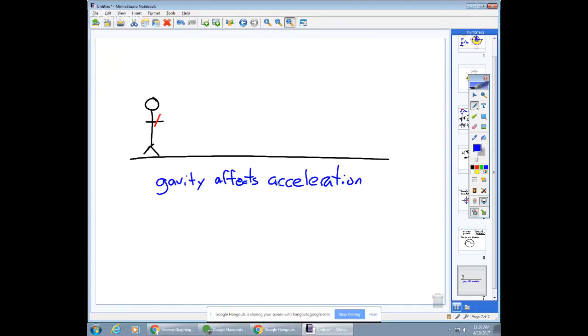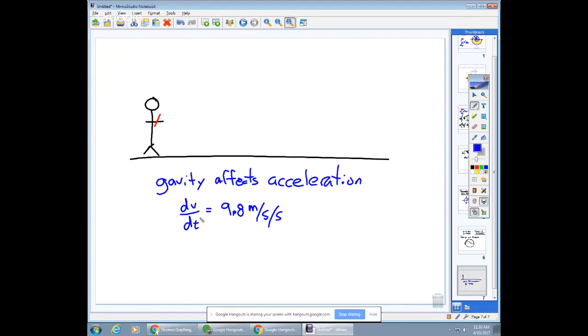And acceleration is the rate of change of velocity. And so we experimented, and on the surface of the Earth, does anybody remember about what acceleration the force of gravity gives us near the surface of the Earth? It's about 9.8 meters per second per second.